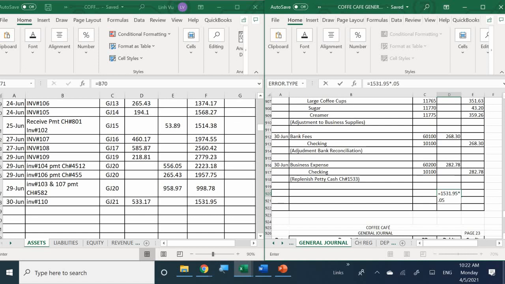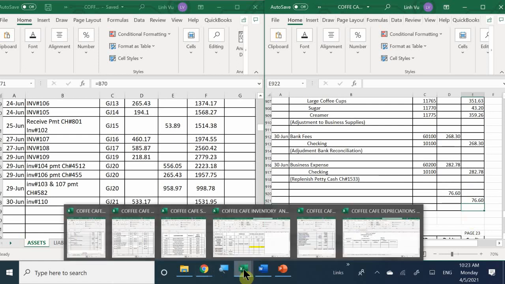What's 5% of this amount? $76.59. 76.60 if you round up. Good. Okay.